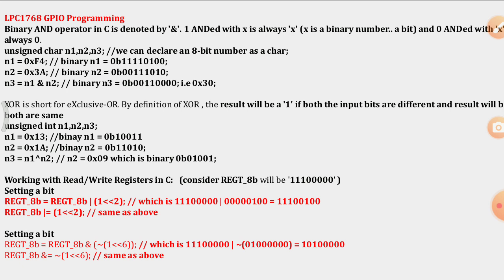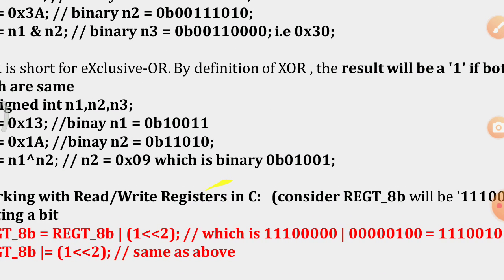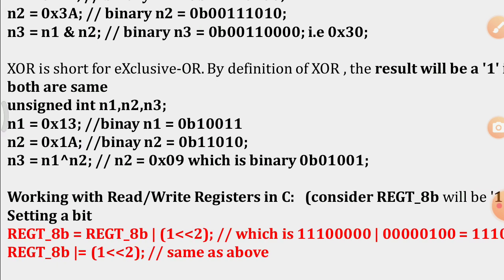So how to set a bit? Here, reg_8b is the name of a register. One example is given here: reg_8b is equal to reg_8b OR 1 shifted to the left by 2 positions.